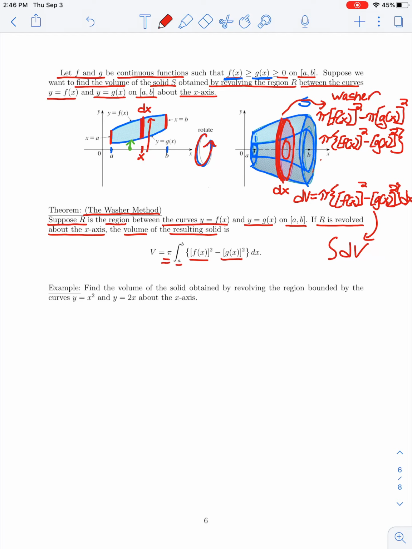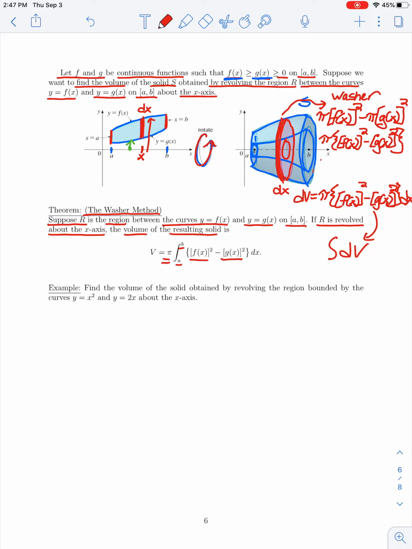And we're integrating here from a to b, where a and b are the limits of our solid along the x-axis. So let's see if we can work through some examples making use of the washer method to see how it differs from the disk method and become a little more familiar with how this works.